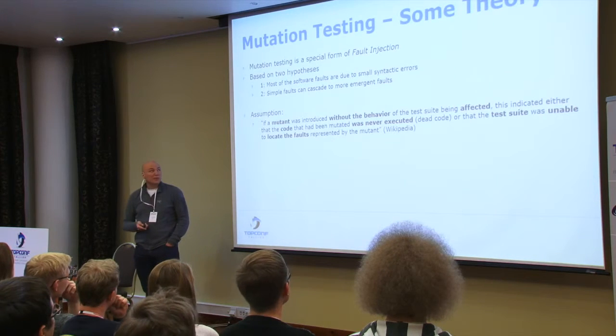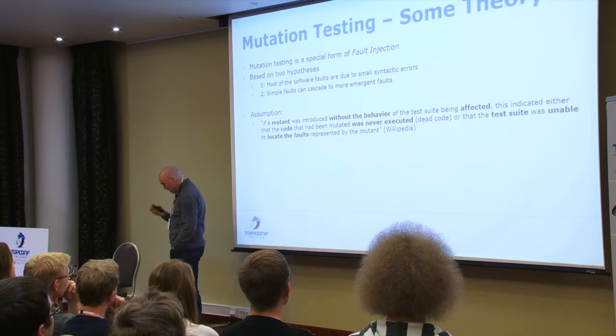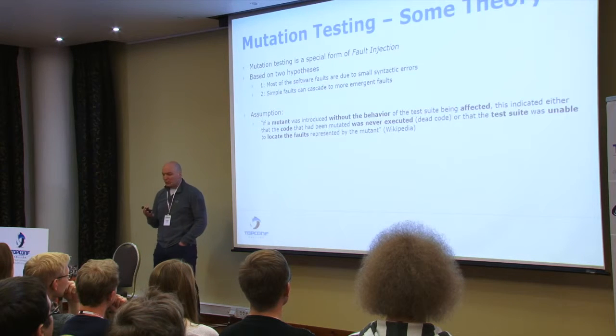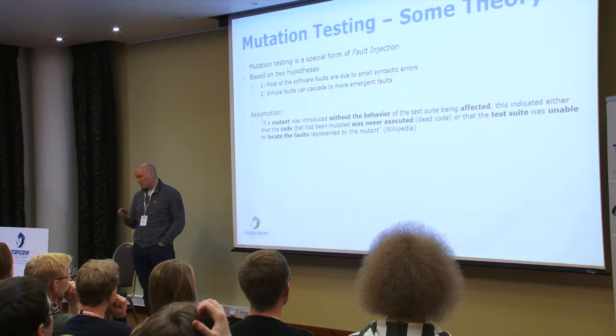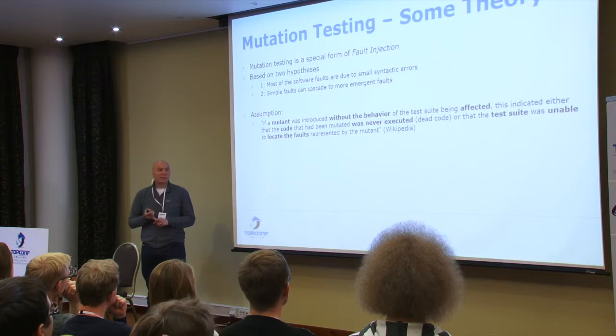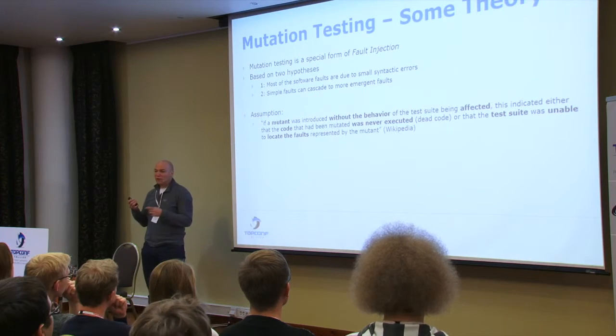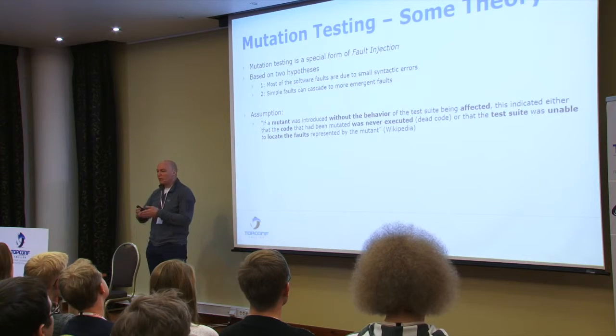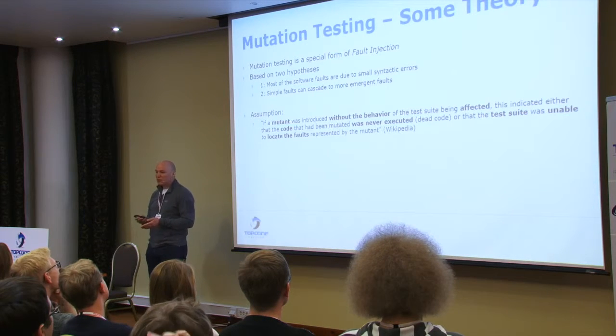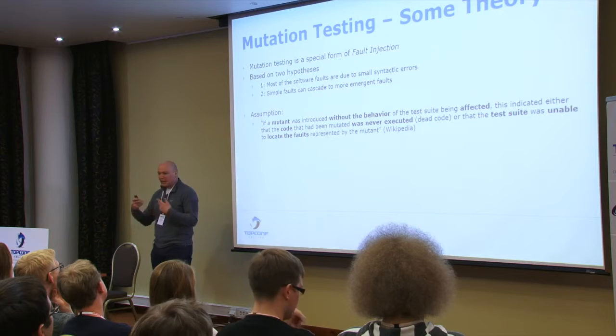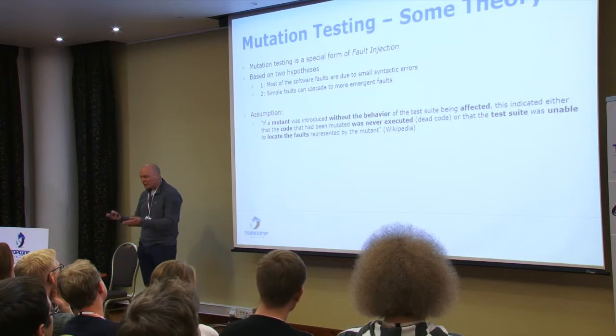So some theory. Mutation testing is based on two hypotheses. One is the competent programmer hypothesis: programmers only make small mistakes, no big mistakes. And usually from some laziness or sloppiness, errors can happen.